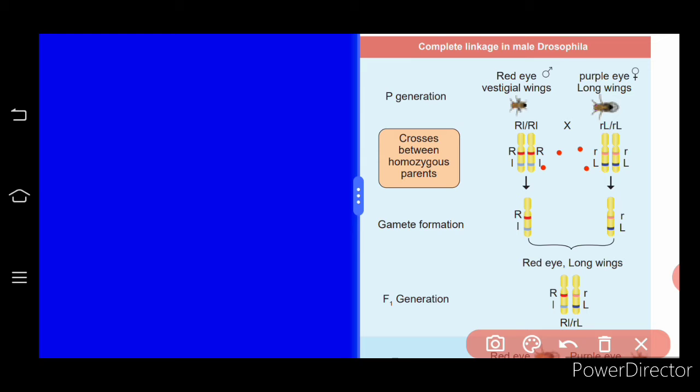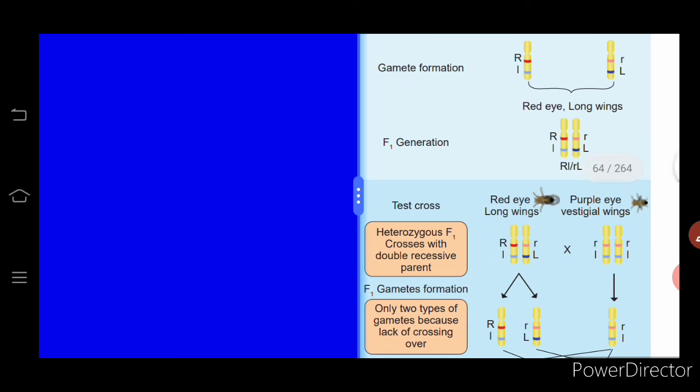Once the gametes are formed with this combination, what will happen when these gametes cross together? What would be the generation produced? The F1 generation, the first filial generation, can show the combination of capital R, small r, and capital L, that is the red eye with vestigial wing and the purple eye with long wing.